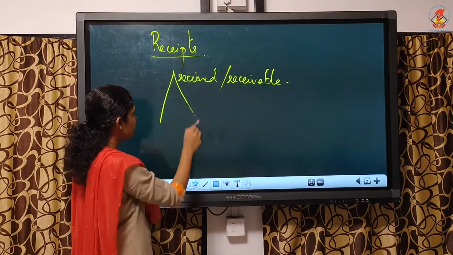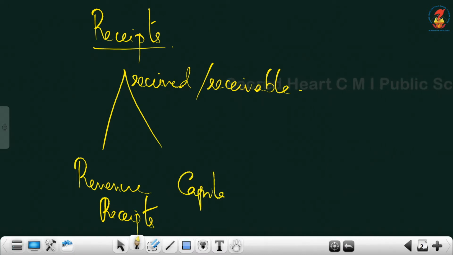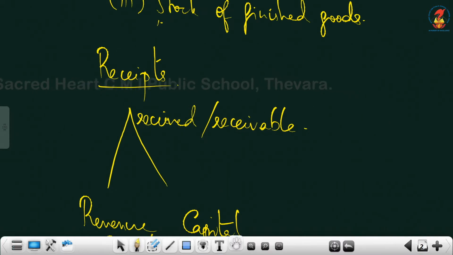We can classify it into revenue receipts and capital receipts. So what is the basic meaning of receipts?